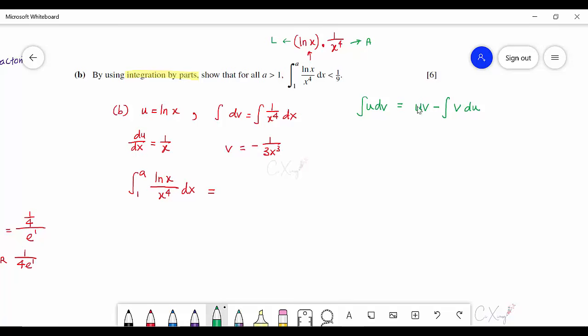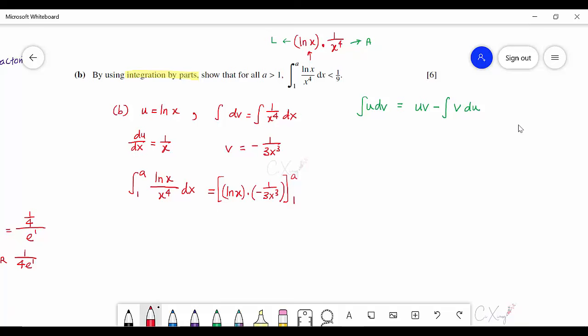So my answer here should be uv. What is the u? Very obvious, it is ln x. Then multiply with v, which is negative 1 over 3x power 3. And of course, you need to put in the limits of the integration, which is a to 1.